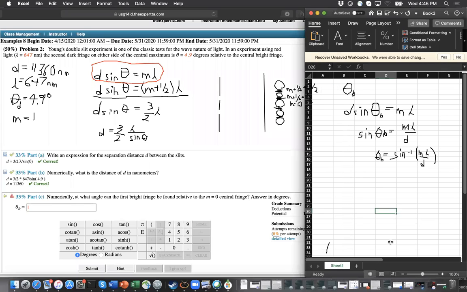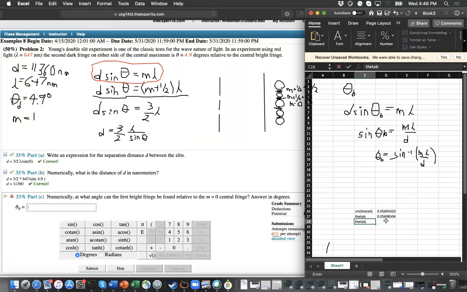Okay, so first we'll calculate m lambda over d. That's just going to be 1 times 647 divided by 11,360, and just evaluate that. So this is sine theta b. Okay, so now if we want theta b, that is just arc sine of this thing. That is very similar to that because that's the nature of sines in radians.